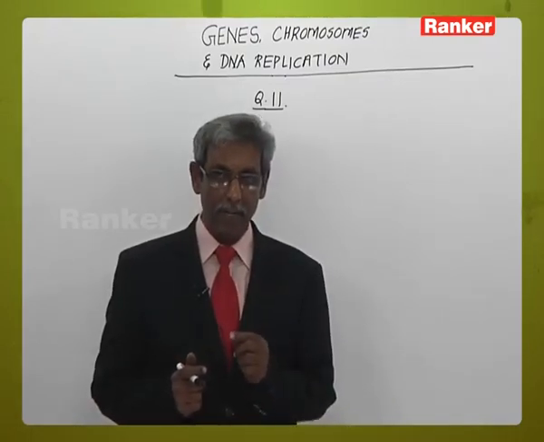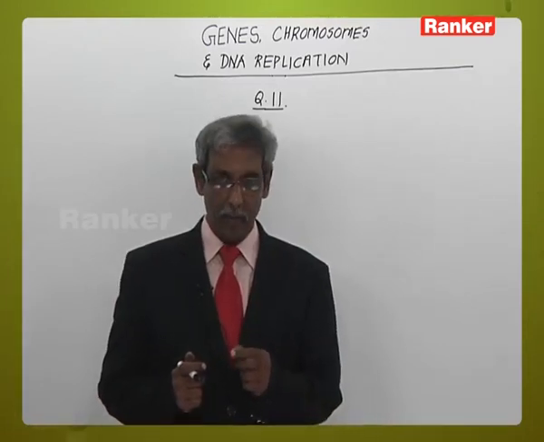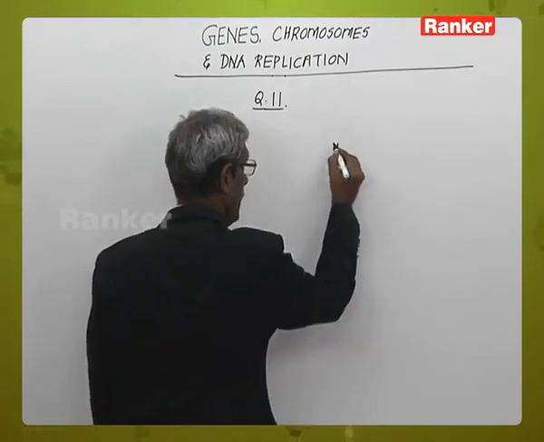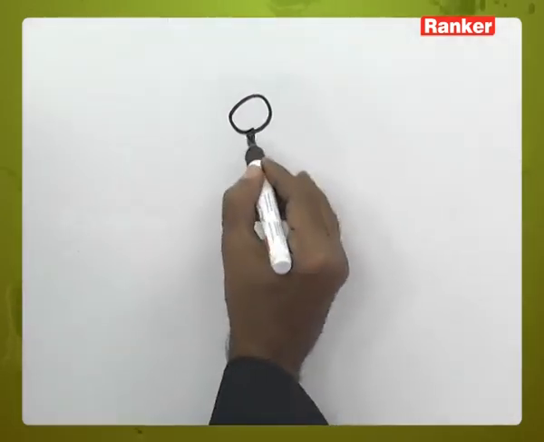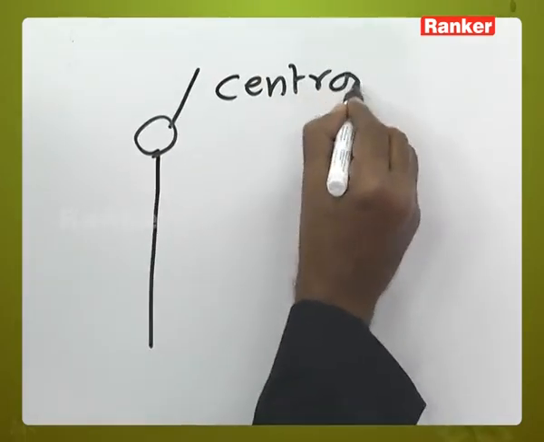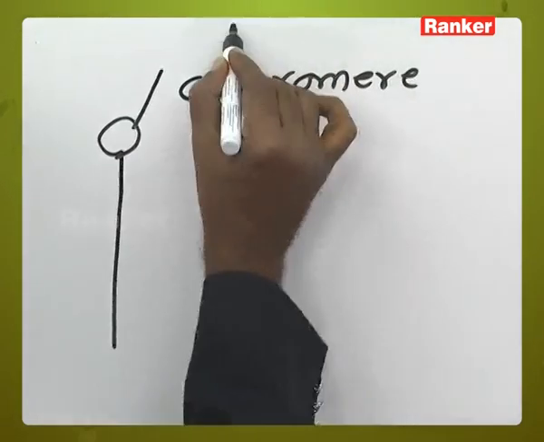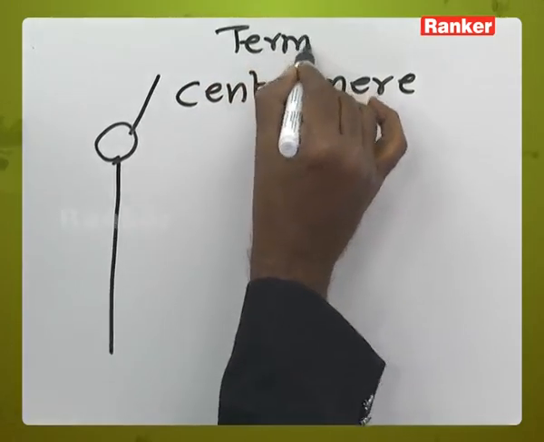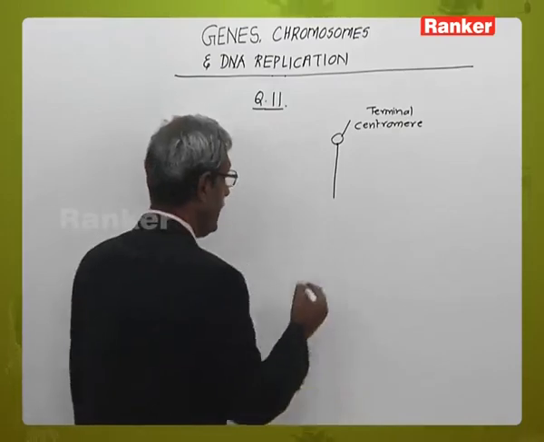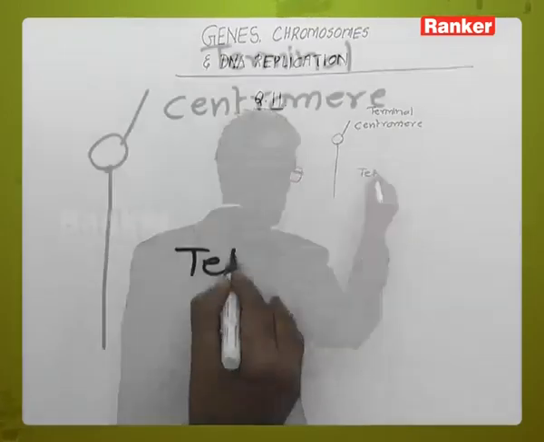In a particular chromosome, if the centromere is present at the terminal end, then it is termed a telocentric chromosome.